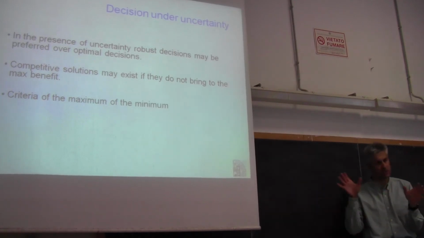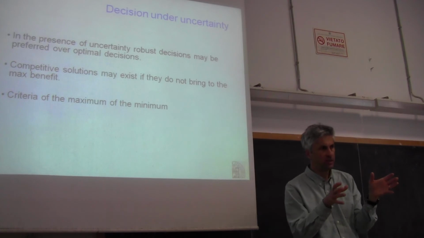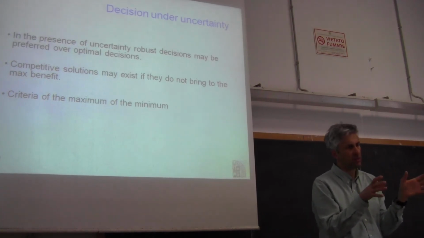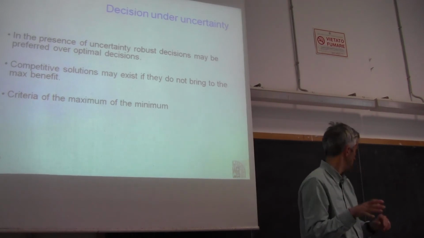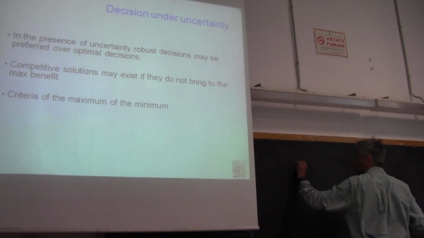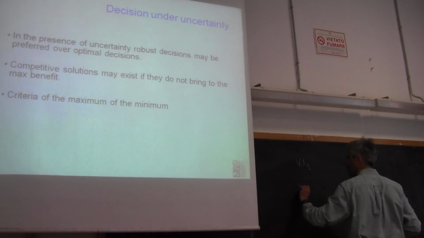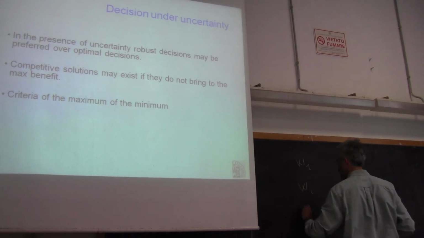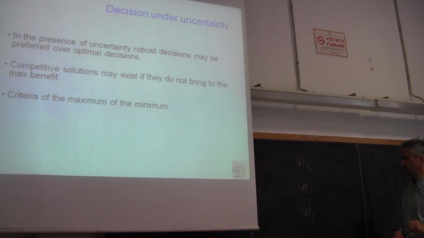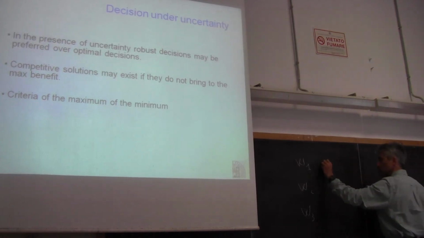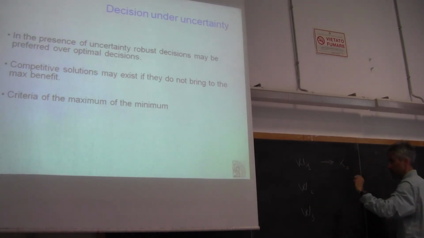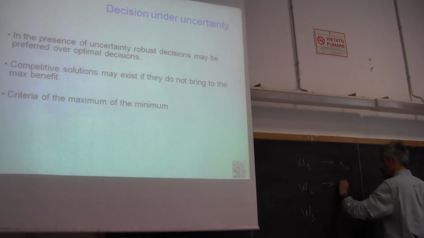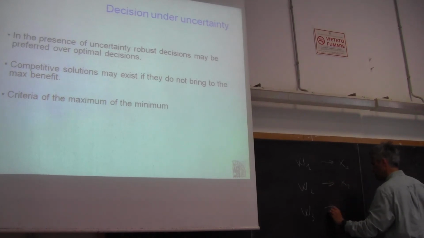Let's suppose, as I said before, that you have three possible vectors of parameters for this benefit function. So you have parameter W1, parameter W2, and parameter W3. And these lead to three different optimal allocations, x1, x2, x3.